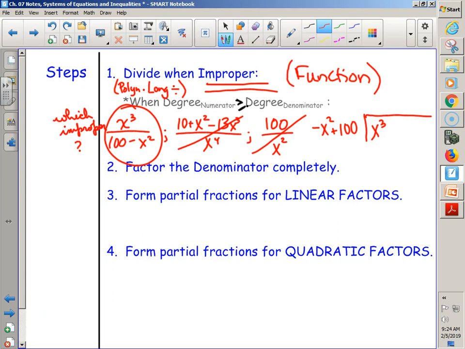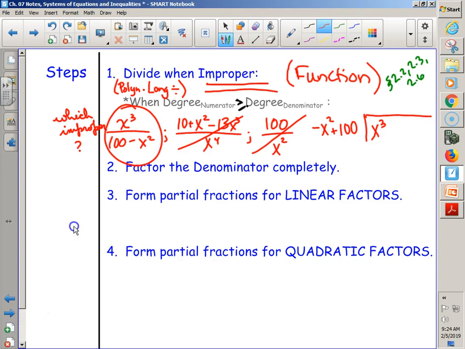What section is that? All in chapter 2 we talked about long division. So 2.2, 2.3, 2.6, lots of different places we did division. So if you need to go back and review, when improper. I'm putting it in green because it's review. Sections 2.2, 2.3, 2.6, lots of different places to review long division.